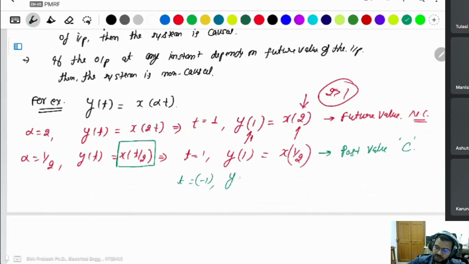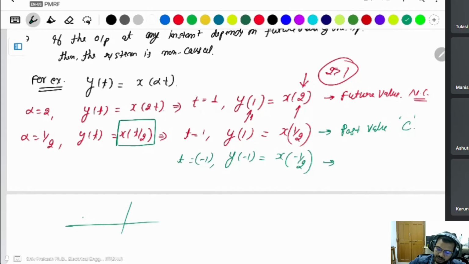Then y(-1) is given, but your system gives the value at -1/2. On the time axis, going from minus infinity through -2, -1, 0 to positive 1, 2, 3, you want the value at t is equal to -1. You give the signal to the system at t is equal to -1, but your system gives the output at t equal to -1/2.